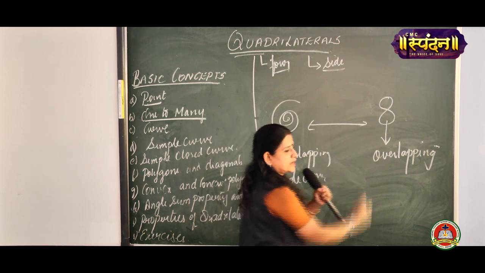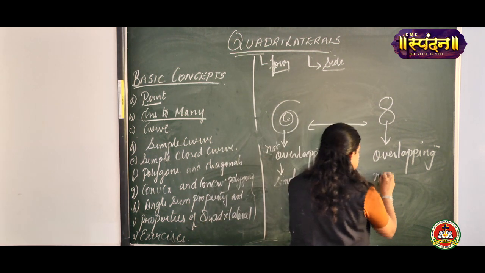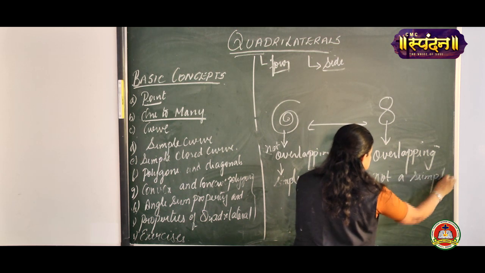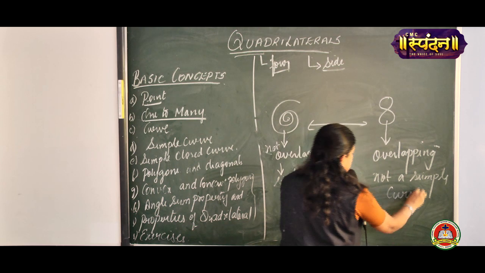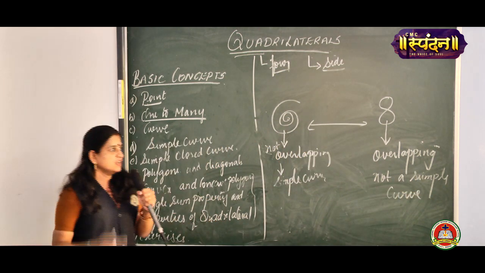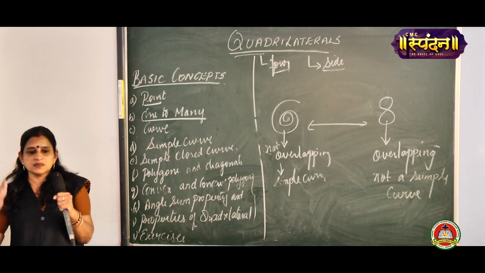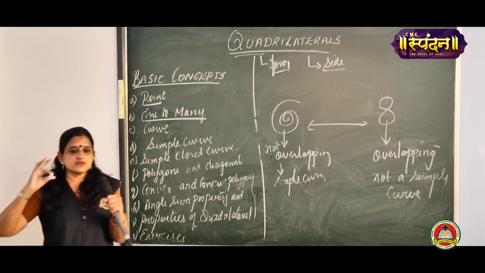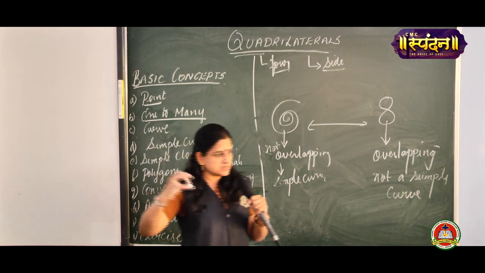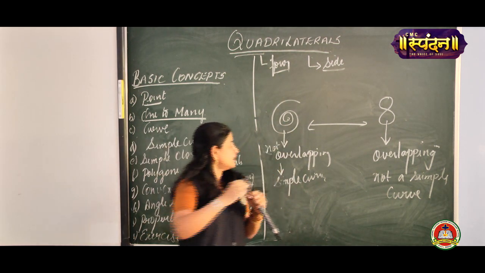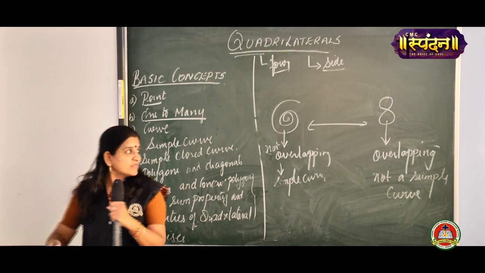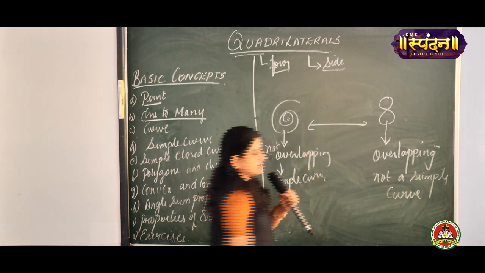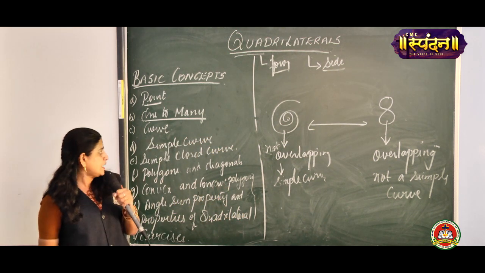Here it is overlapping, so it is not a simple curve. Got it, all of you? You understood the difference between a curve, a simple curve and a not simple curve? Curve is one which is drawn without lifting the pencil. Simple curve is one which is not overlapping, and not a simple curve is one which is overlapping.